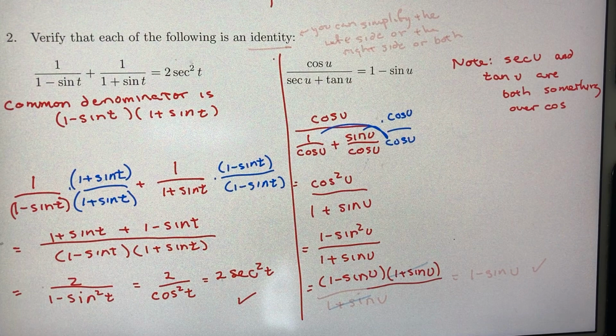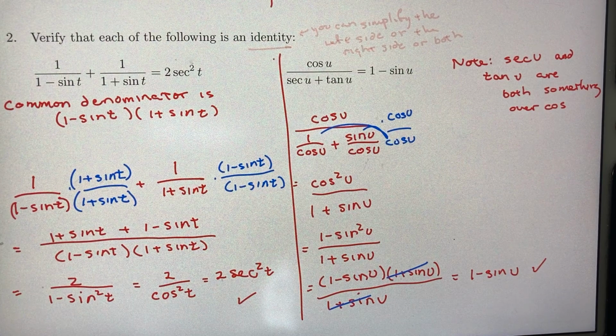I'm trying to write it all vertically so that I'm showing that it's simplifying the left-hand side. I'm just trying to simplify the left-hand side into the right-hand side. That's what proving an identity is. You're not trying to go just anywhere. You're trying to get what the other side has. And we're done.